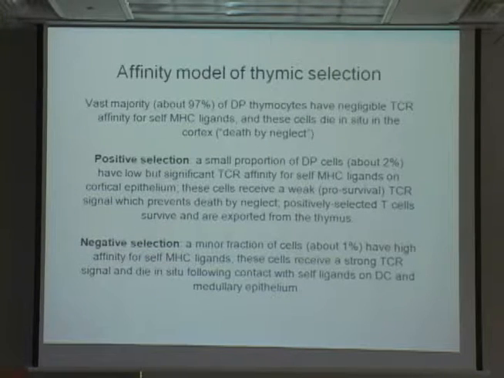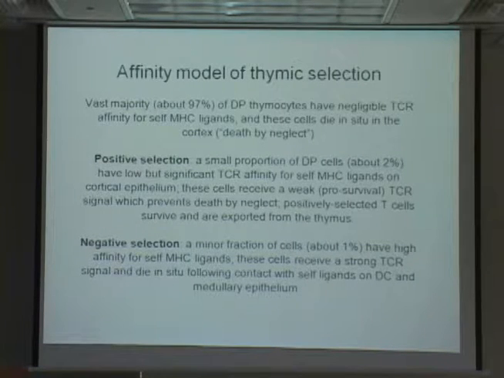Now, the first important point to emphasize is that of the double positive cells present in the thymus, the vast majority of these cells, and I've written down here, around about 97% or so, die in situ in the thymus. They are of no use. So when you think of thymic selection, it's an extraordinarily wasteful process.